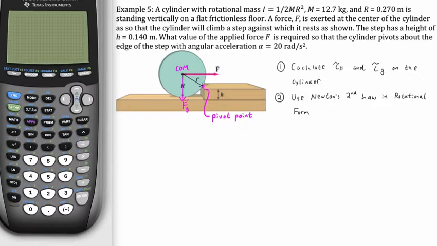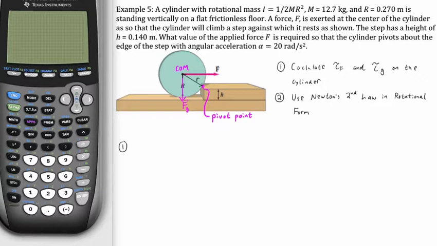So what we need to find then is the component of our external force, and the component of the gravitational force that's perpendicular to R. In other words, we just have to think about the definition of torque being force, the moment arm, and sine of the angle between the two. So there's definitely a little bit of careful consideration that goes into correctly calculating the torques for both forces.